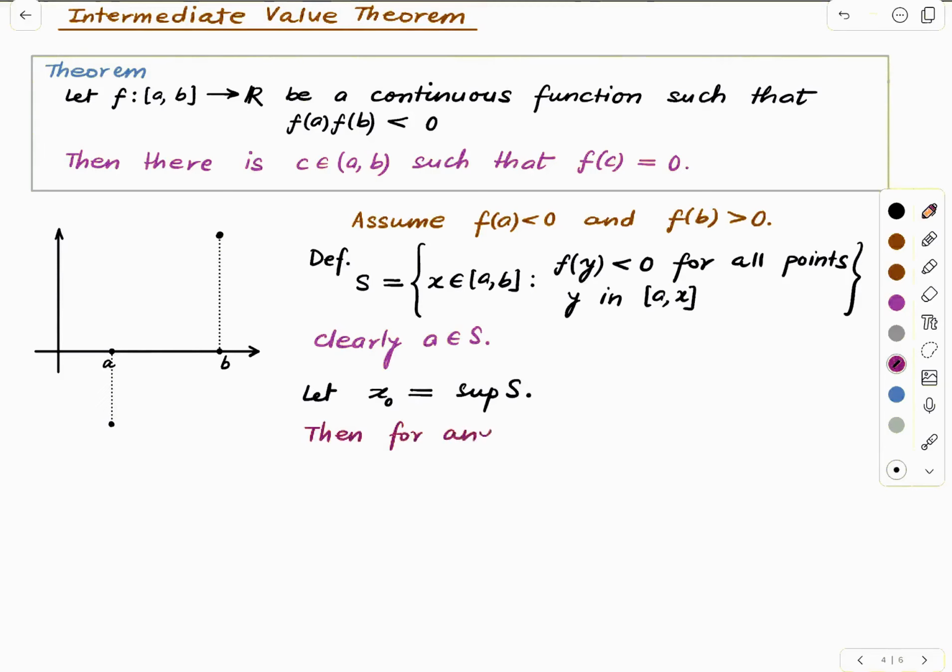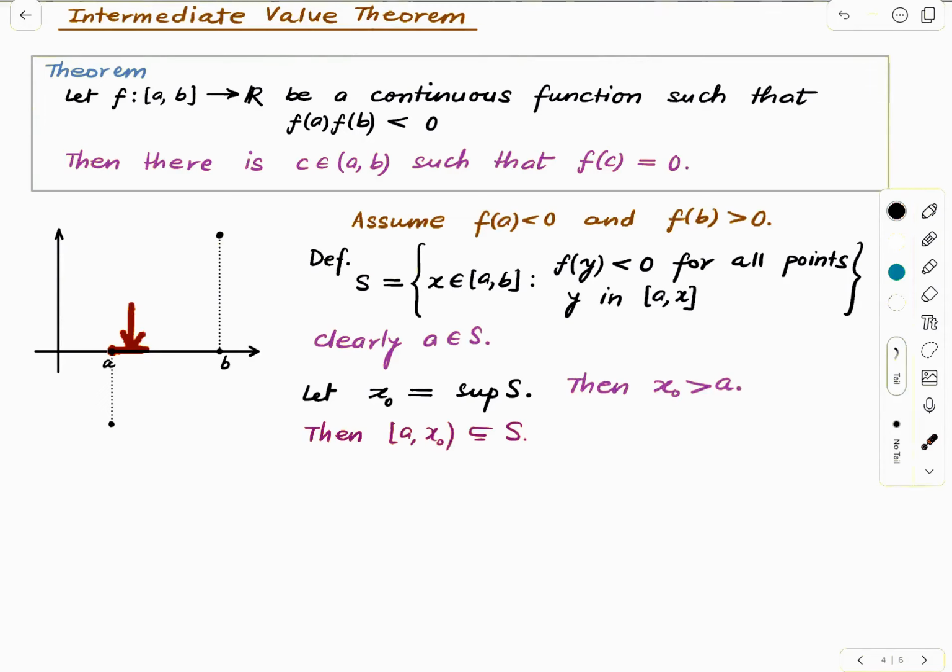If we take any x in this region, or in other words, this interval is contained in S. So you take x0 as the supremum of S, and x0 is strictly greater than a, simply because there is an entire neighborhood about the point A such that the function takes negative value everywhere there.